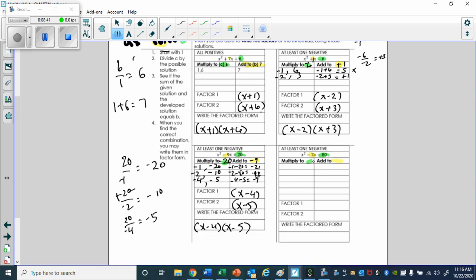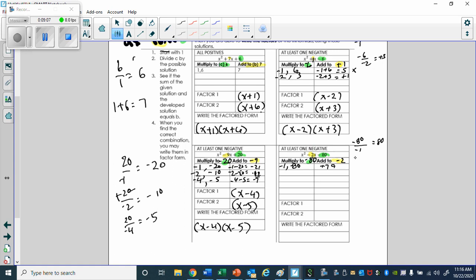Okay? What about the last one? So we're looking for two numbers that multiply to negative 80 and add up to negative 2. So I start with dividing by negative 1, and I get 80. Those combined equals 79.